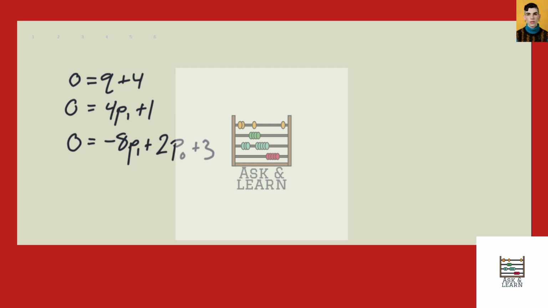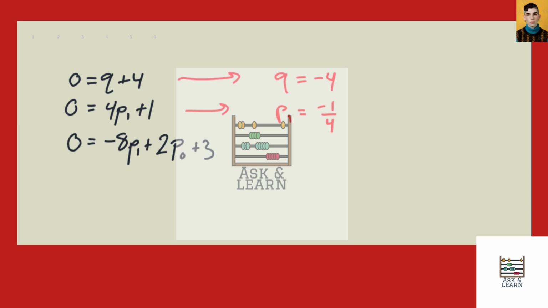Well, this first equation is quite simple. This gives us that q is equal to negative 4. The second one is also pretty simple. This gives us p1 is equal to negative 1/4, right? We subtract the 1 and divide by 4.